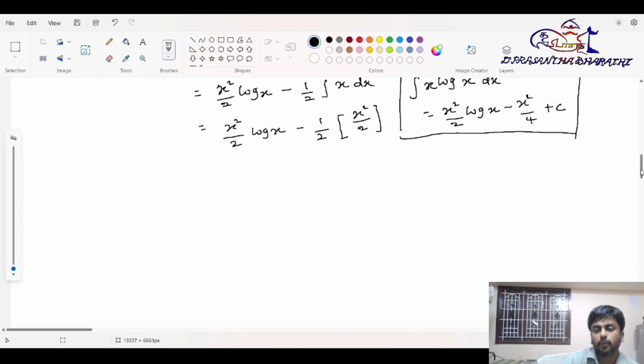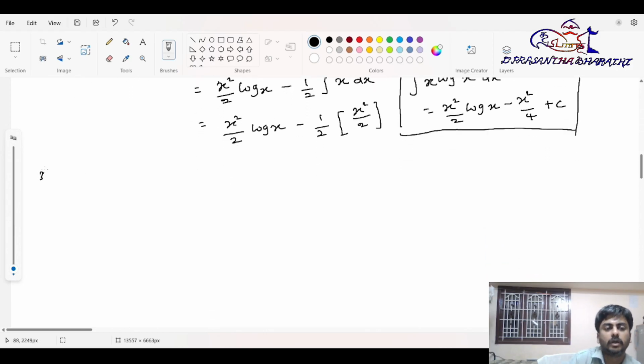Now we shall do the third sum, because these formulas are very important. The third one is x square log x dx. Here, what is the problem?